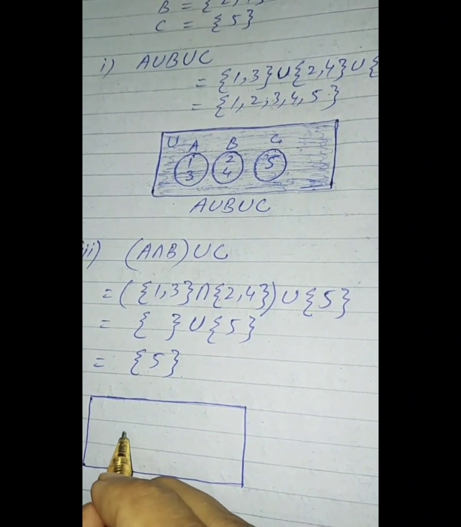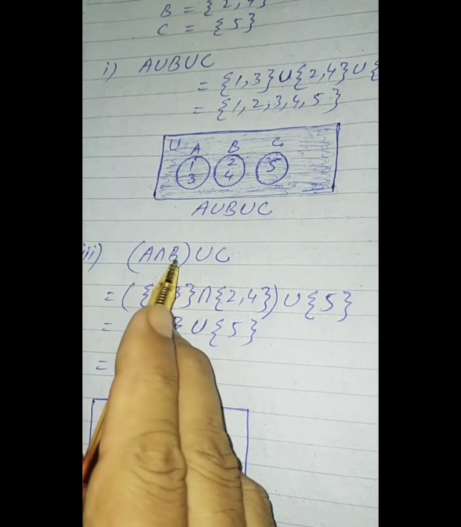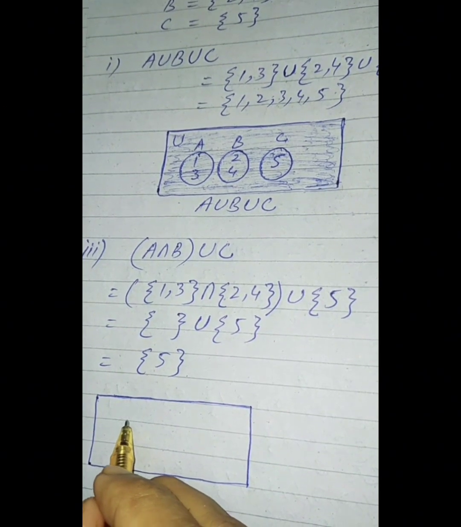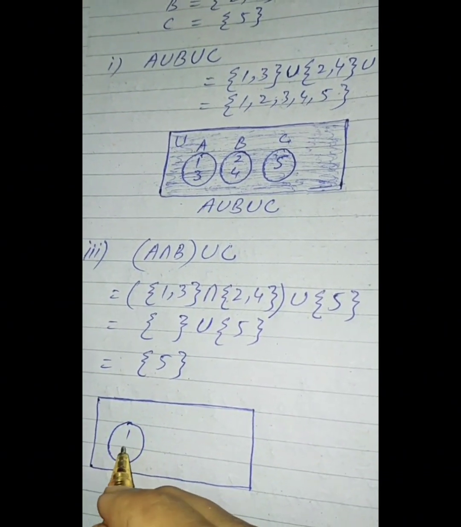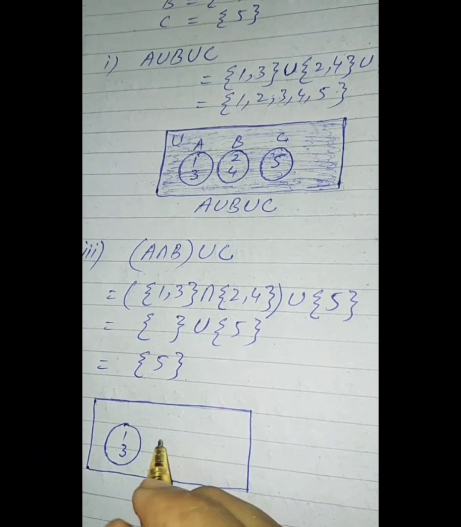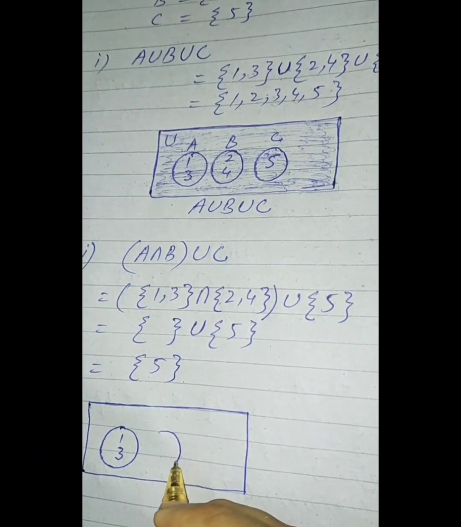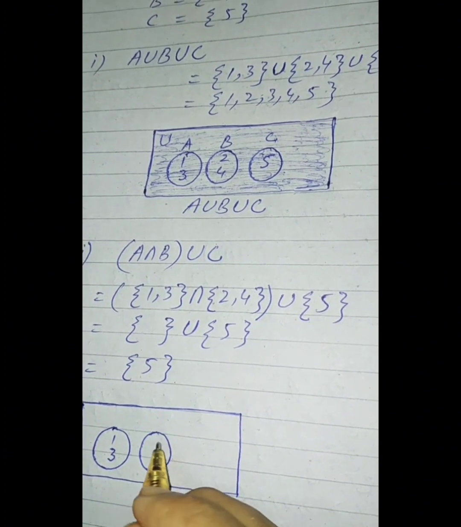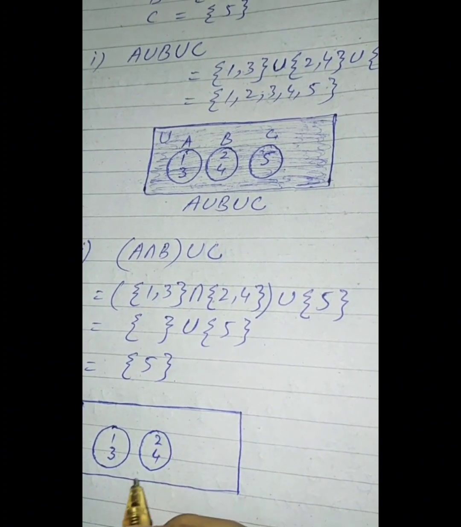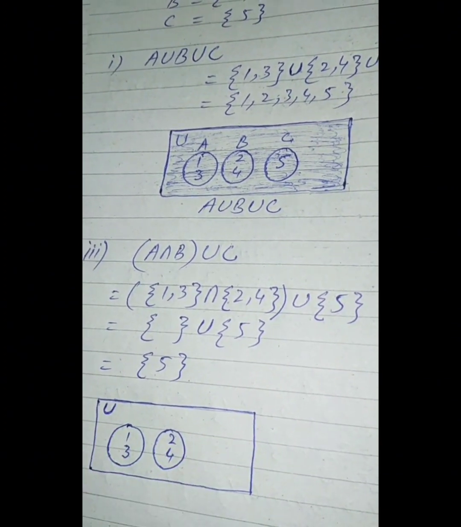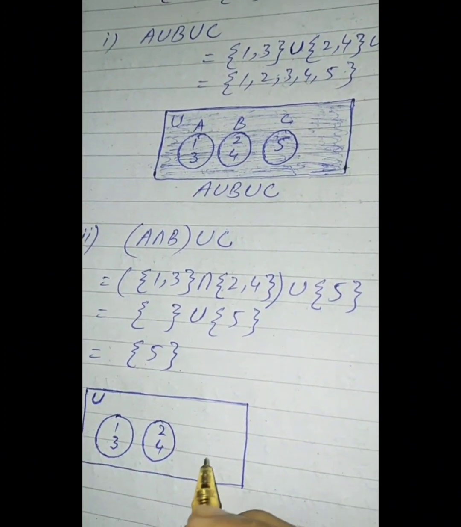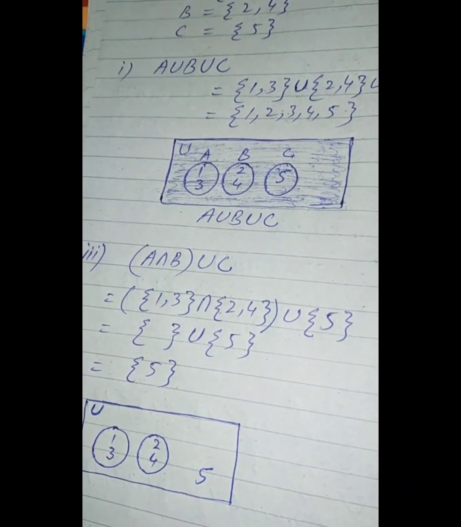What we have in the bracket is A intersection B. So A is a set whose members are 1 and 3, and B is a set whose members are 2 and 4, and this whole rectangle represents the universal set whose members are 1, 2, 3, 4 and 5.